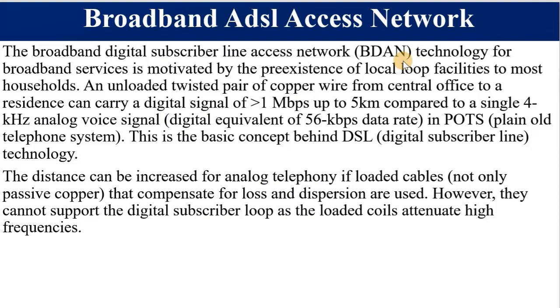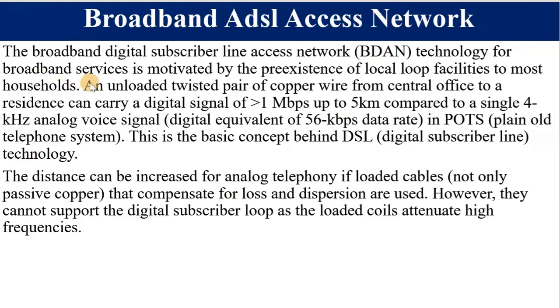So when ADSL was discovered, it made use of the same line that was used to carry voice, hence it is motivated by the pre-existence of a local loop. Local loop simply means the UTP line.